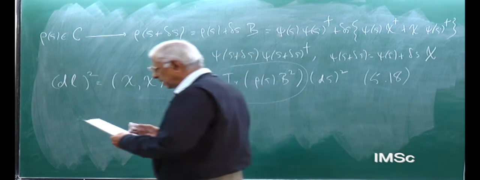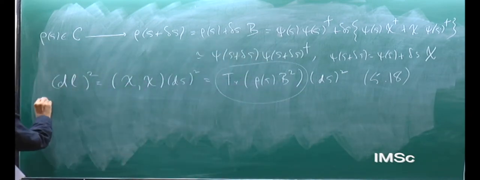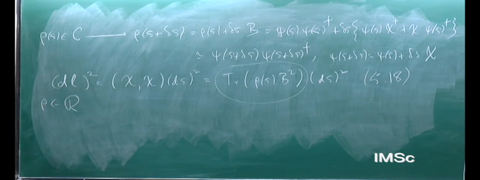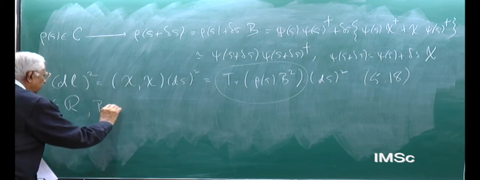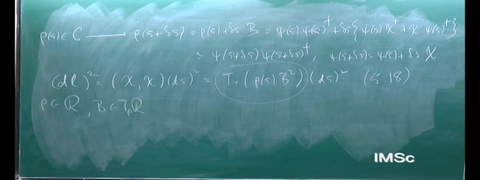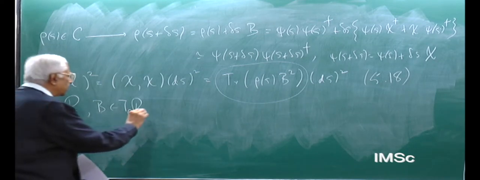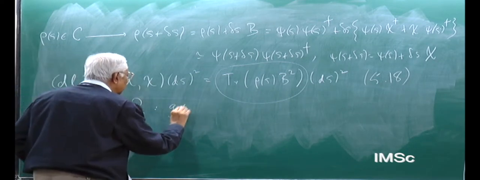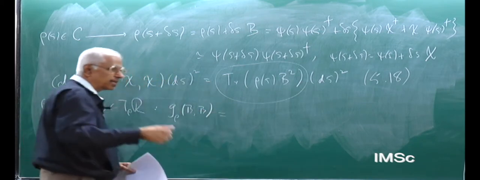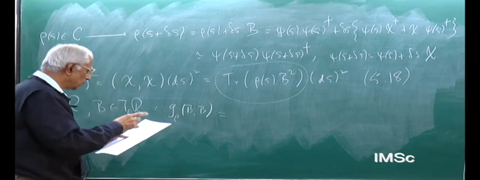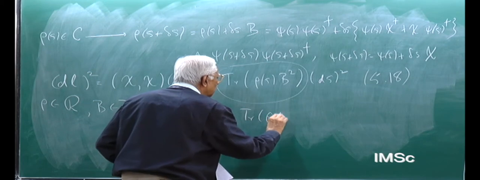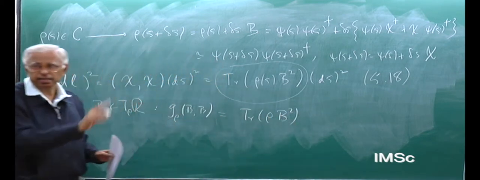You can say that at any point, so I now abstract from here, at any point rho in the ray space, if I take a tangent vector to the ray space in the capital B description, then the idea of length tells me that the metric at that point calculated for the tangent vector B is trace rho B squared. This is the key idea.